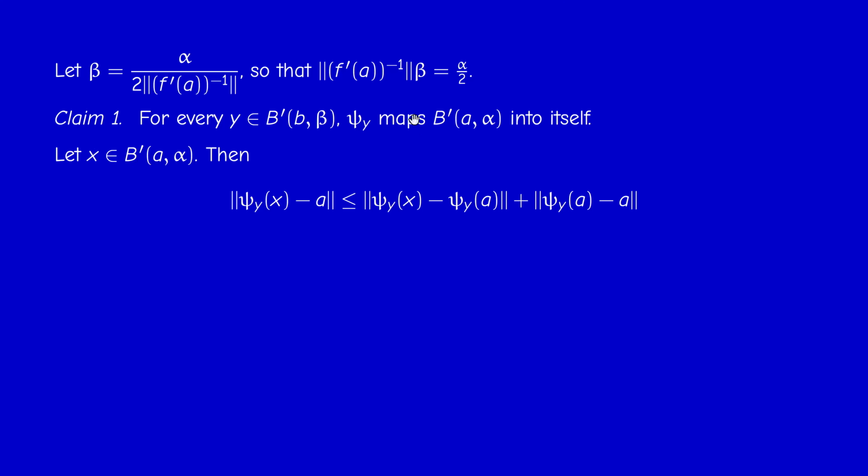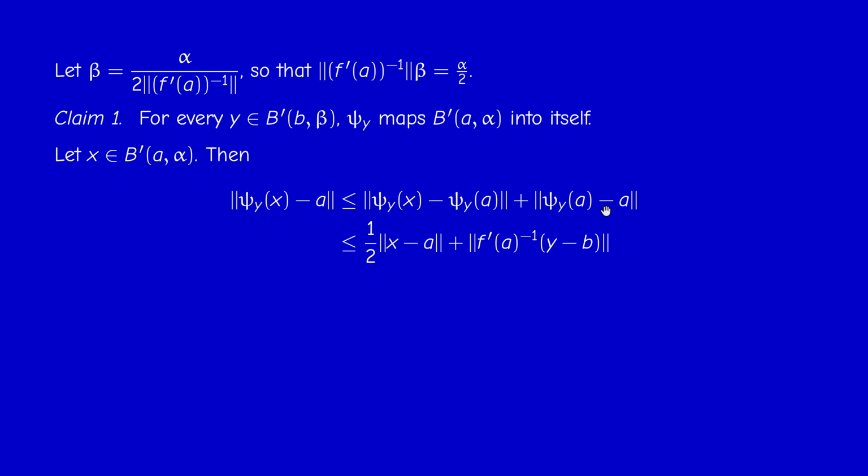Take x in this closed ball and use the triangle inequality. So we want to prove that psi y of x is in this ball, so the distance to the center is less than alpha. So I want to prove that this is less than alpha. So I use the triangle inequality and I add and subtract psi sub y of A. Okay, so since psi y is a 1/2 contraction, this first term is less than 1/2 norm of x minus A. And if you go back to the definition, psi y of x is x minus the inverse of the derivative times y minus f of x.